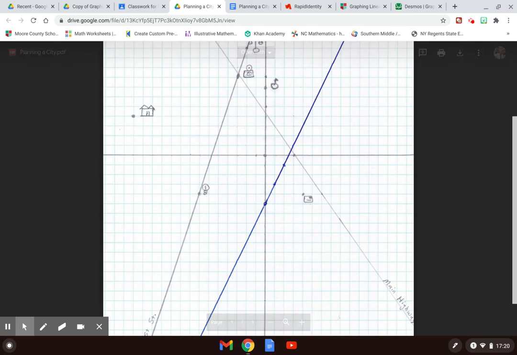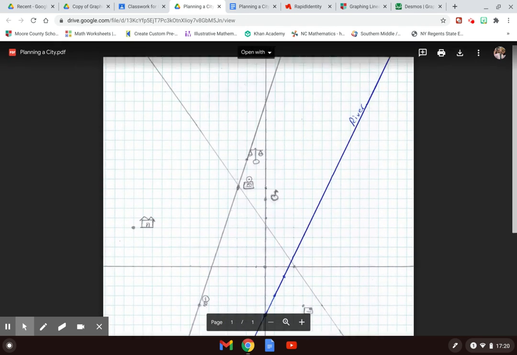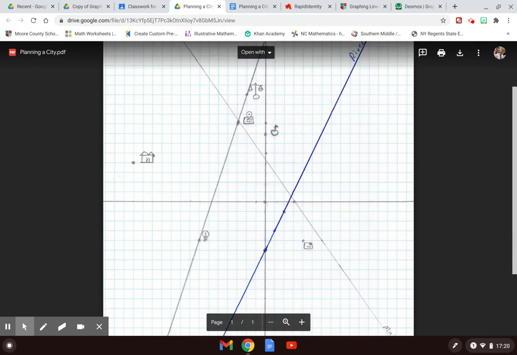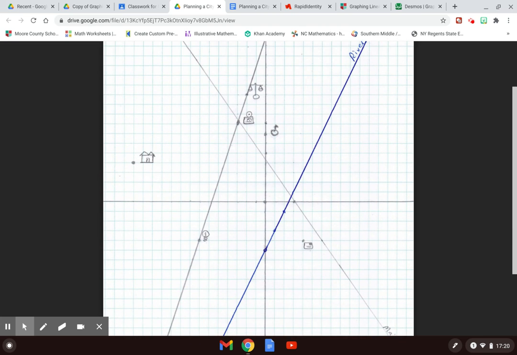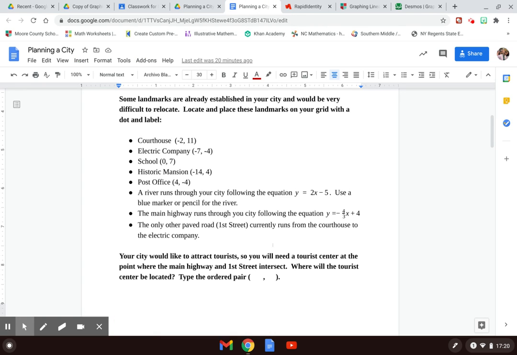I graphed the river and the main highway based on the equations of the lines that were provided. So here's the river, y = 2x - 5, and here's your main highway, y = -4/3 x + 4.